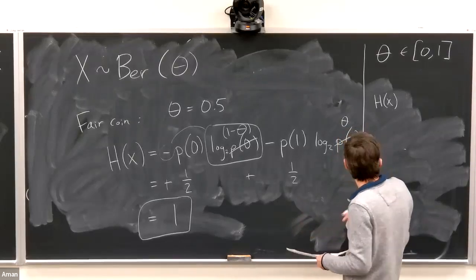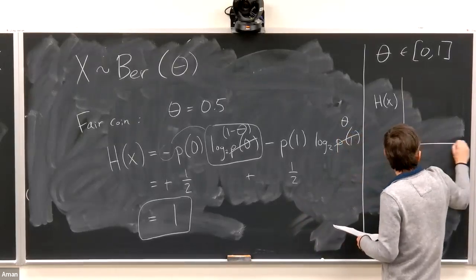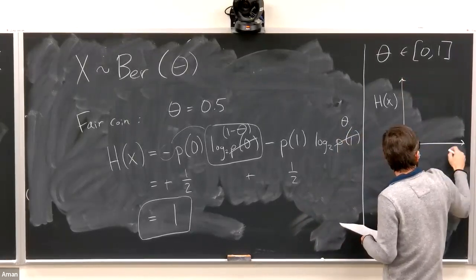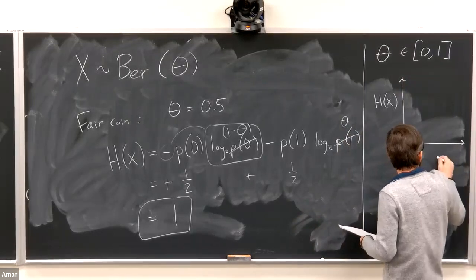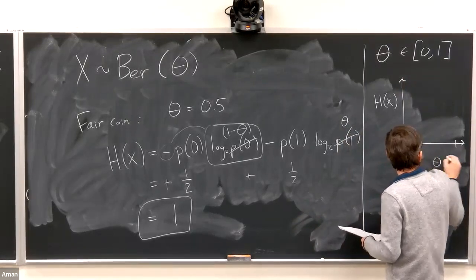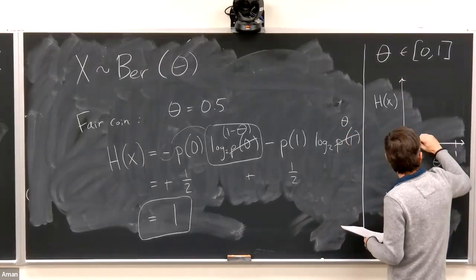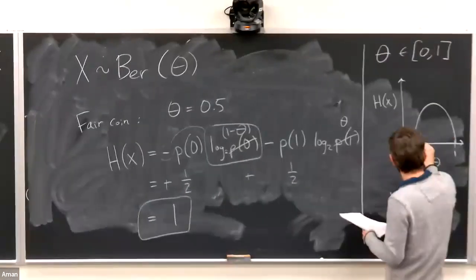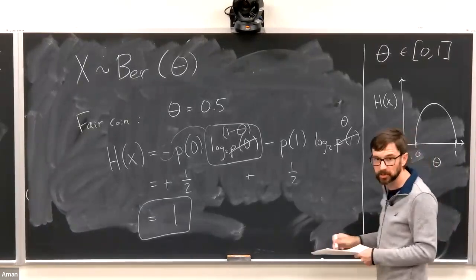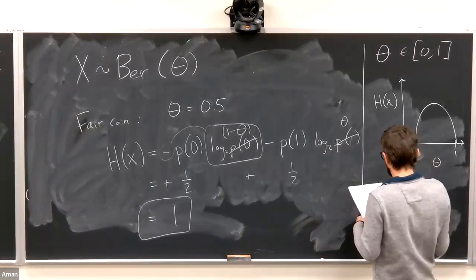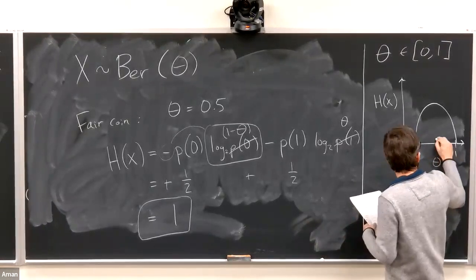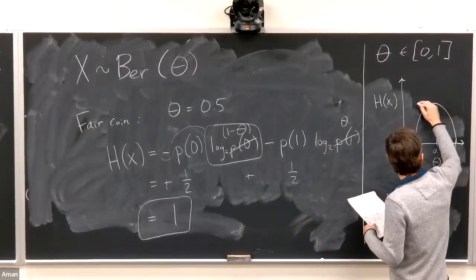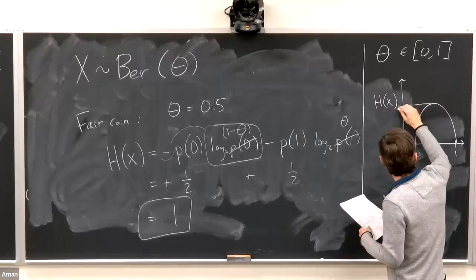Okay, that function looks like the following as a function of theta. Theta again goes from 0 to 1. It looks like this, where at the endpoints you're at 0, and at 0.5, we just saw what that value is. That value was 1.